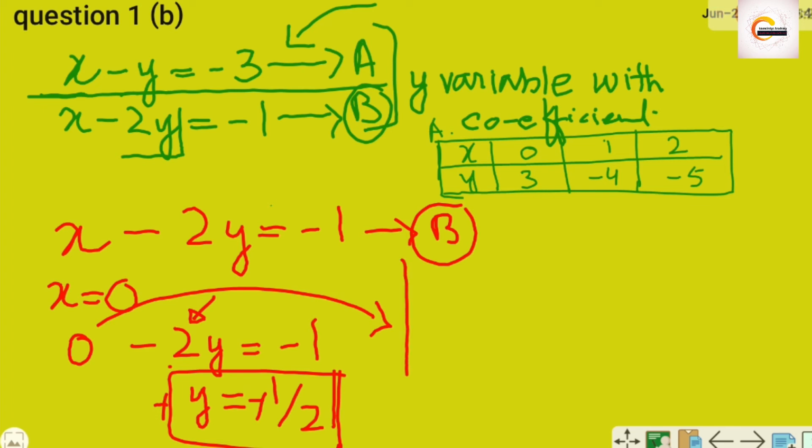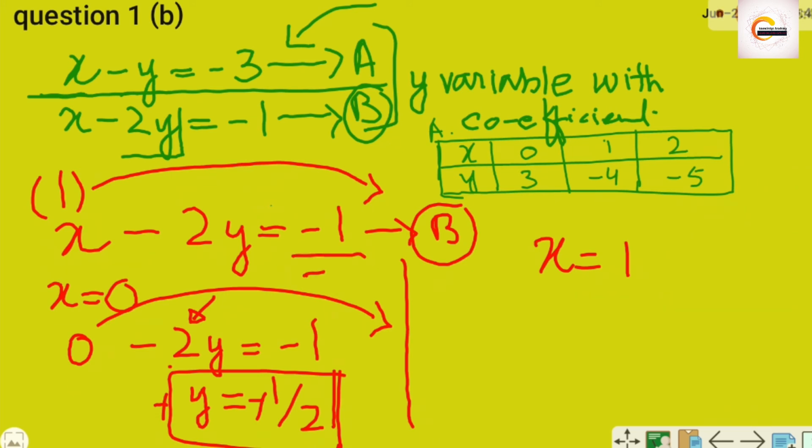For example, if I put x is equal to 1, this 1 will go on the other side and become minus 1. So minus 1 will become minus 2, and this 2 is completely divisible by the coefficient attached with the y variable. So our answer, the y coordinate, will not be in decimal. So let's see what happens if I put x is equal to 1.